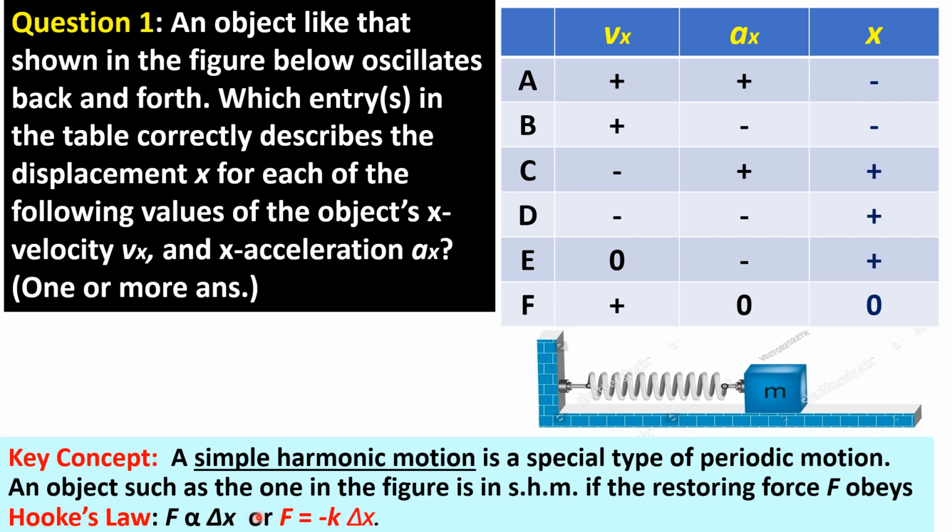So when converted into an equation, we have F is equal to negative k times delta x, where the constant k is called the force constant. The sign is negative because the restoring force is always opposite to the displacement of the body that is in simple harmonic motion.